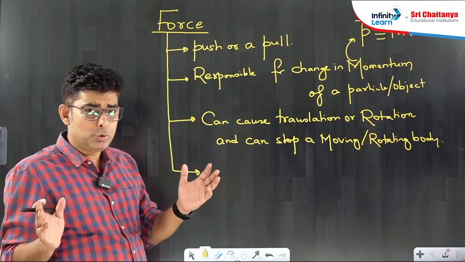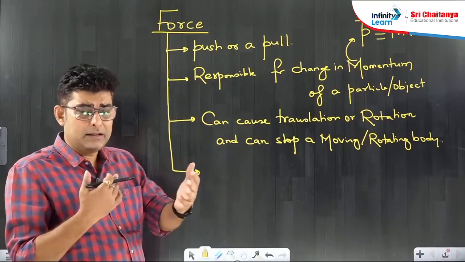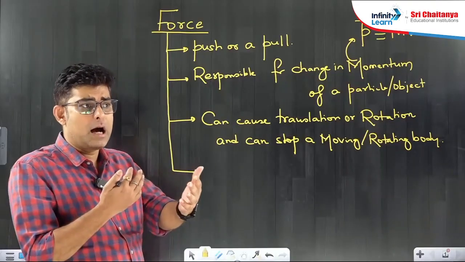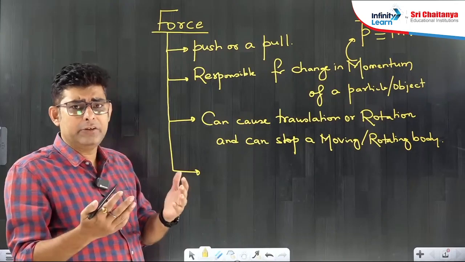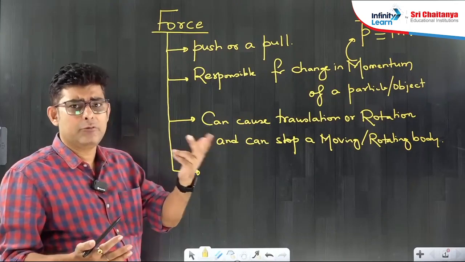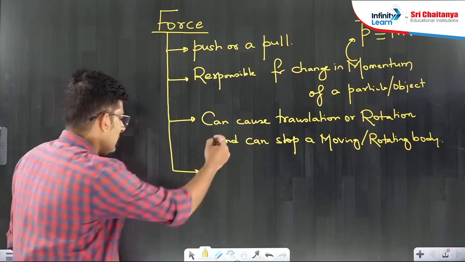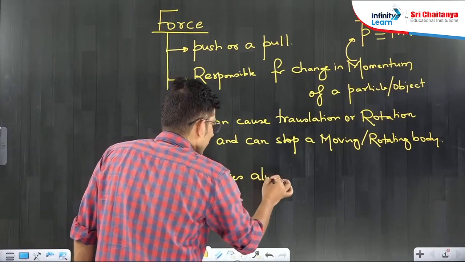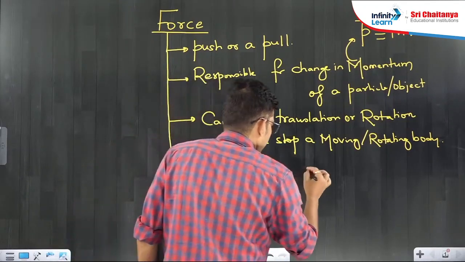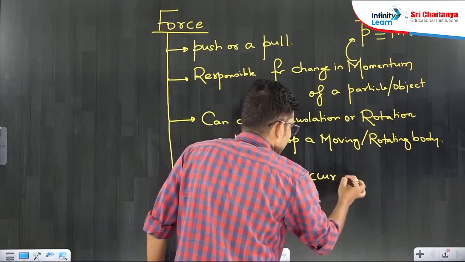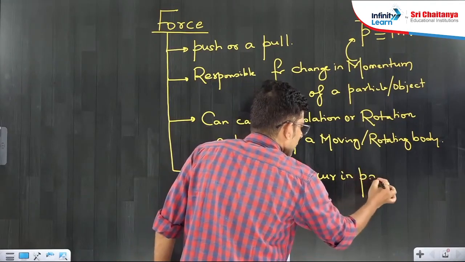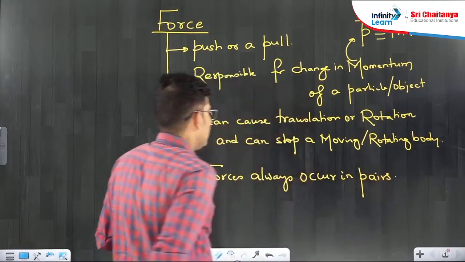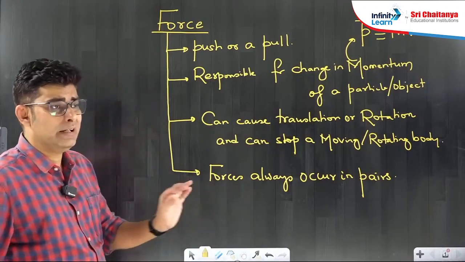When two bodies or two particles are in contact or in any way exerting forces on each other, we will say that forces always occur in pairs. So we are talking about the real forces. The real forces always occur in pairs.